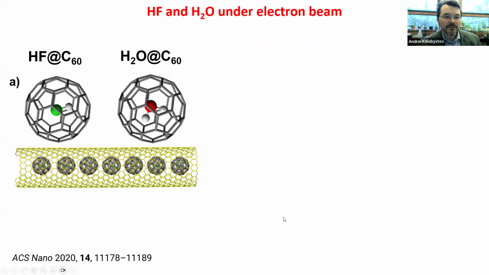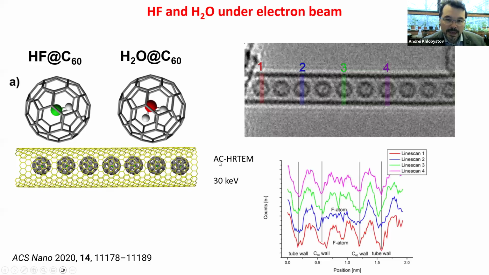So let me also say a few words about molecules, very small molecules that can be squeezed into the fullerene by the molecular surgery method. So it's HF and H2O. Here the microscopy images are a little bit more difficult to interpret, and I don't have time to explain in detail why, but only in some of the fullerenes we see contrast corresponding to the position of the fluorine or oxygen atom.